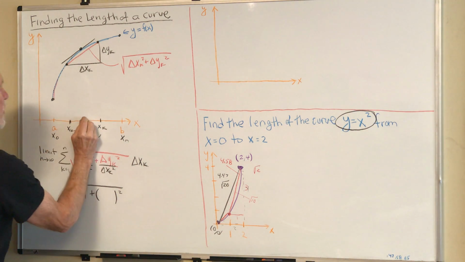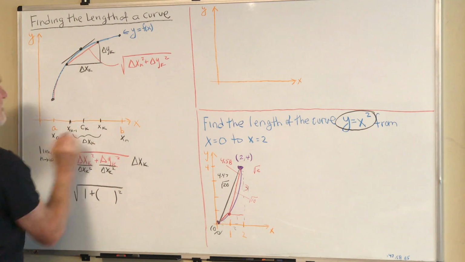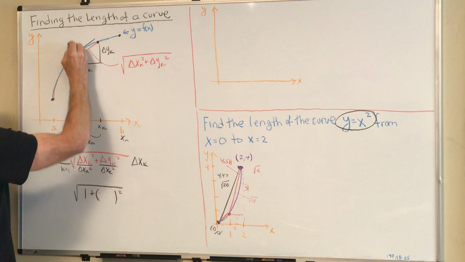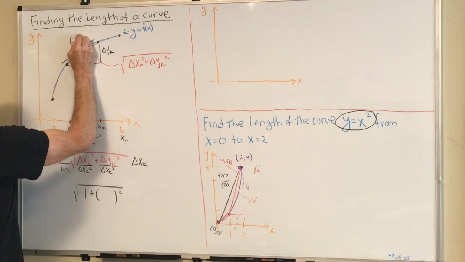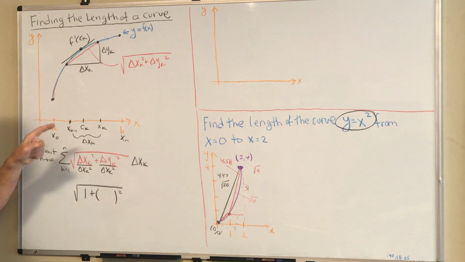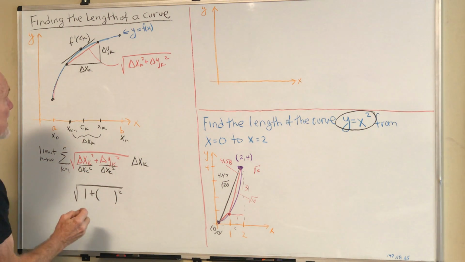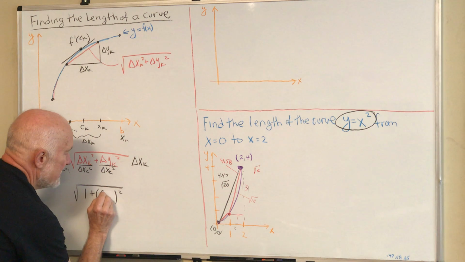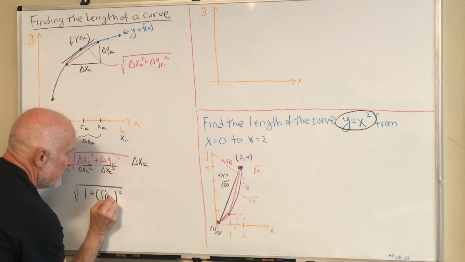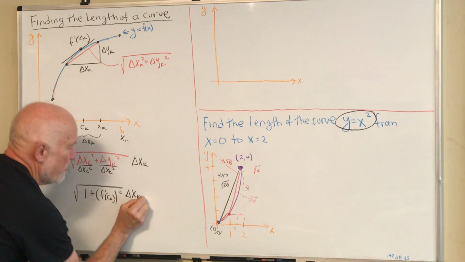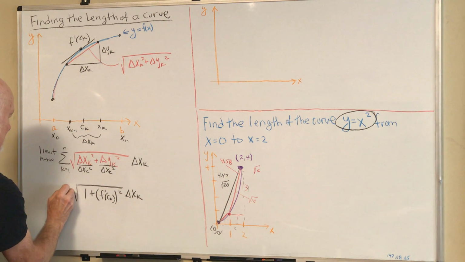So let's call that point c sub k. And that means this slope would be f prime of c sub k. So in place of delta y sub k over delta x sub k, we can put f prime of c sub k.